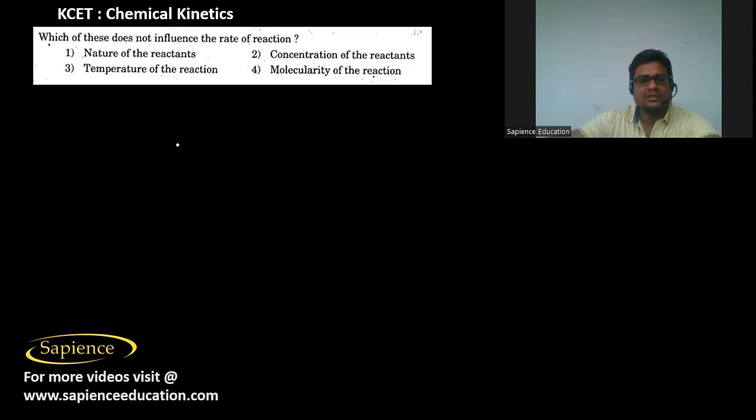As we know, the rate of a reaction is equal to k[A]^n[B]^m, if A plus B goes to C plus D. The rate of a reaction will depend on the concentrations of the reactants, and it will also depend on the nature of the reactants. And since the rate constant depends on the temperature of the reaction, the rate will depend on temperature also.